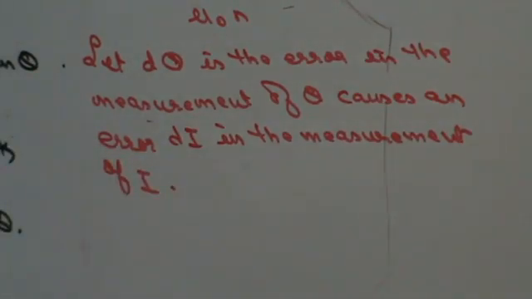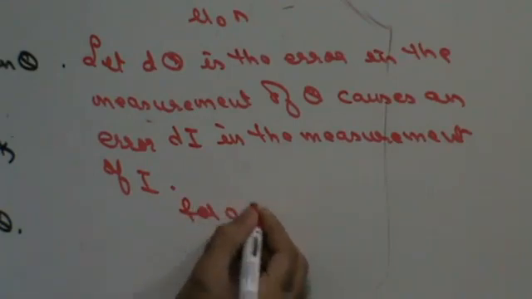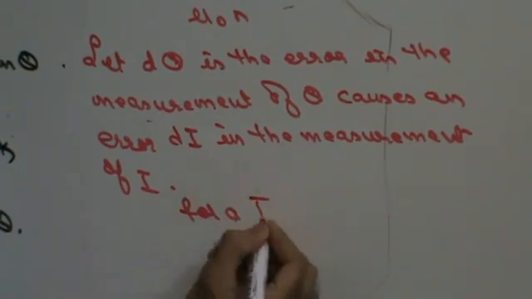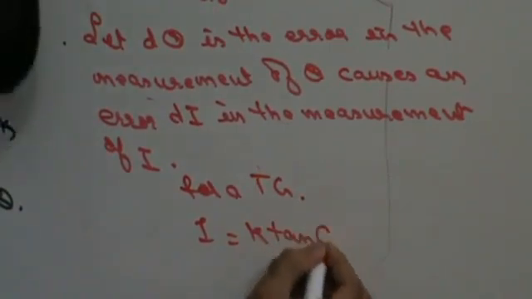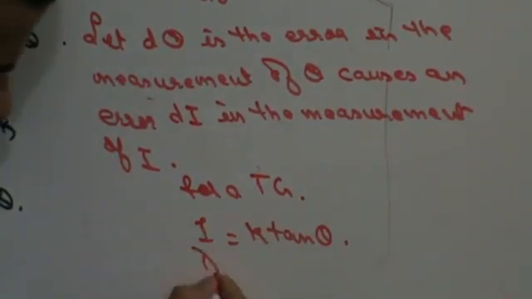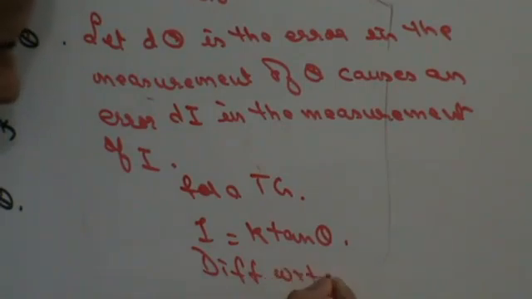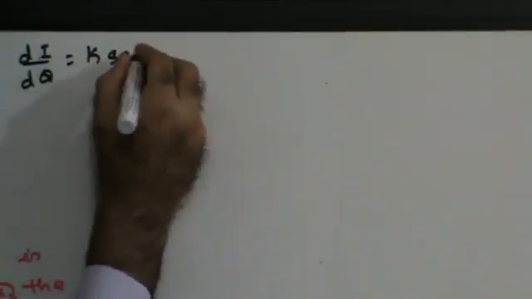So in that case, I can say that for a tangent galvanometer, I is equal to K times tan theta. Differentiate with respect to theta, I'll get di by d theta is equal to K. Derivative of tan theta is sec square theta.